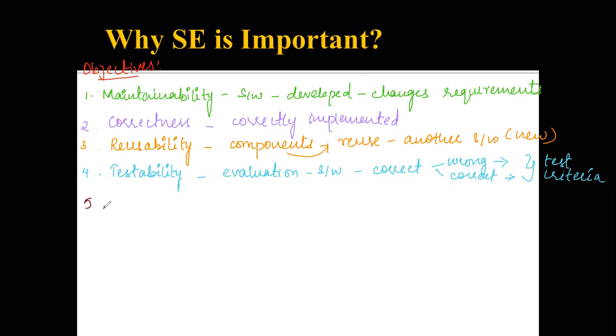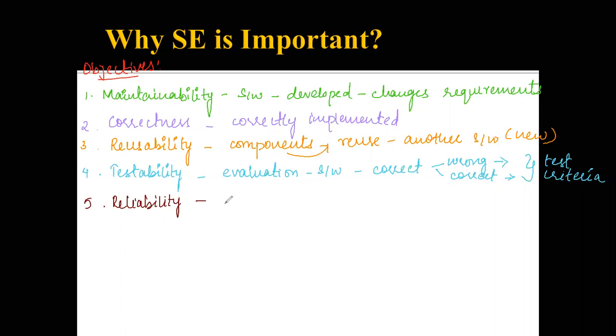Then the fifth one is reliability. Now reliability means whenever you're designing a particular software, there is some specific task, and it should give you the desired function that you want.